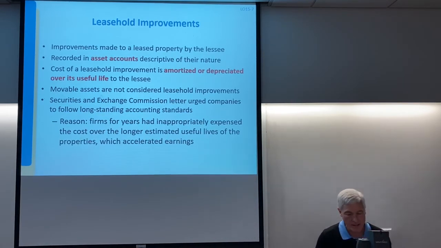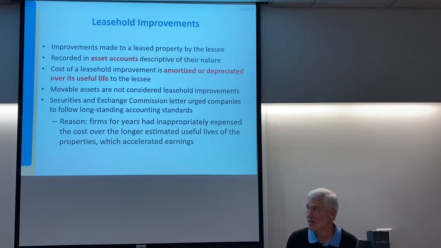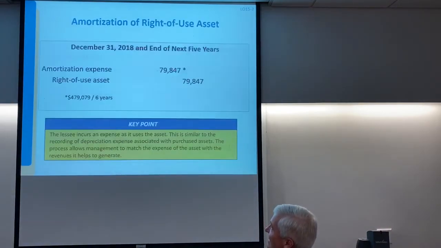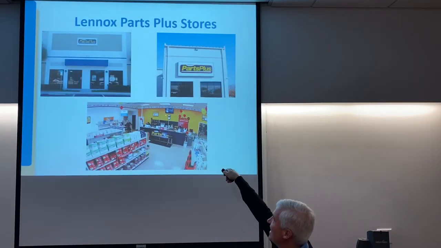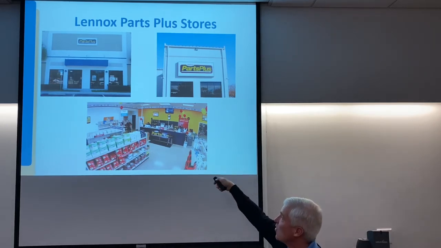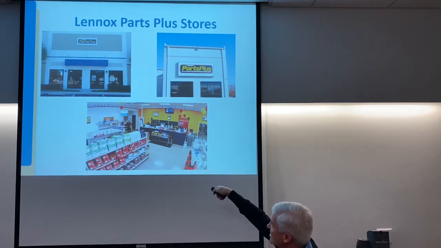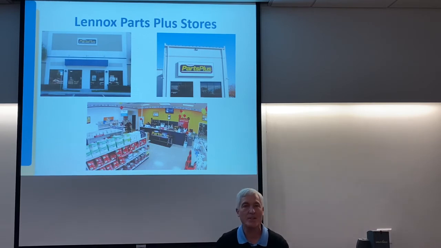Leasehold improvements, this is no change from prior accounting. If you go back and think about these Parts Plus stores, maybe I'll go back and look at that picture of it. You have to go way back to the beginning slide. Here, look at this Parts Plus store. What Lennox is leasing here are only the four walls and the floor. All this other stuff, like these shelves and that countertop, weren't there. Lennox had to go buy those and put them in there.